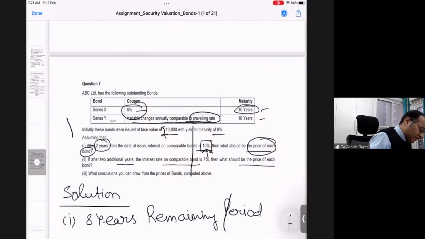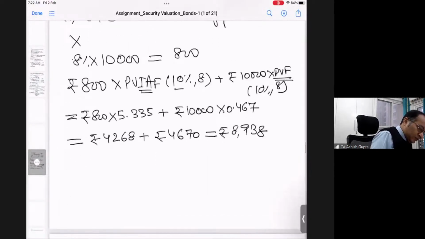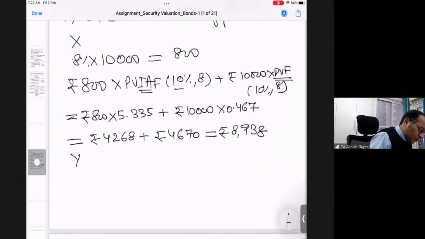So now accordingly, we change the same. Now the bond value. Now we compute it for the bond value.